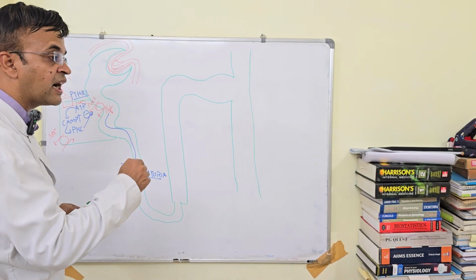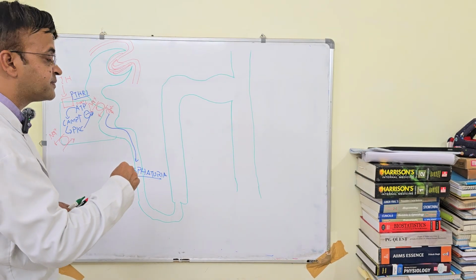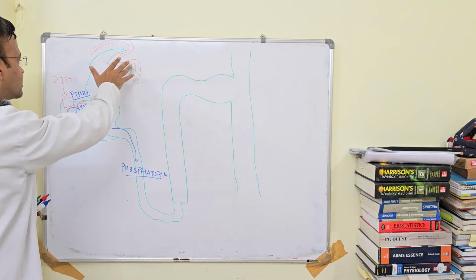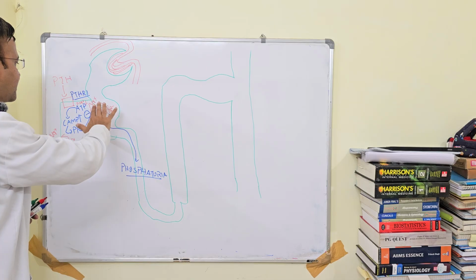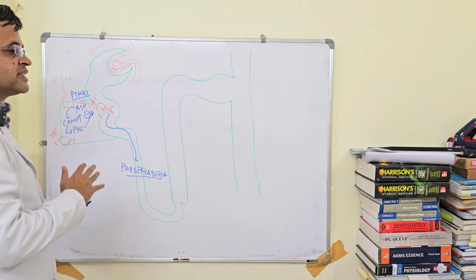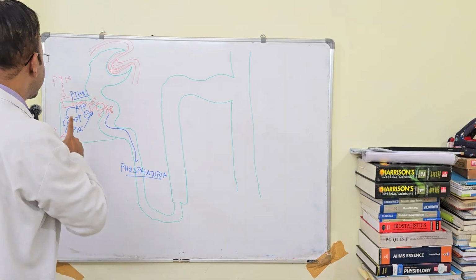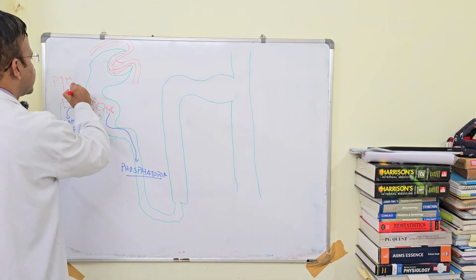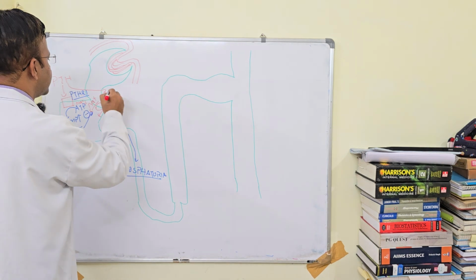Your 1-alpha hydroxylation. So 25 hydroxy vitamin D3 will come into the glomerulus, get filtered out, and with megalin mediated endocytosis, it will enter the cell. And over here in this cell, the PTH is going to stimulate one enzyme. Which enzyme?